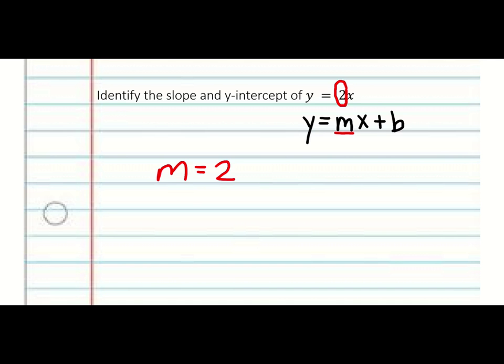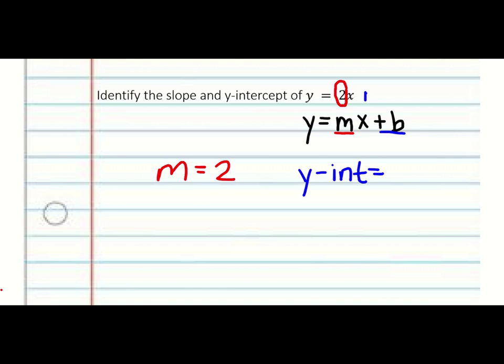And then I also need to identify the y-intercept. So if I look, what's being added or subtracted? Well, there's nothing there. So if there's nothing there, I've got to think about what number means I have nothing. Well, the number that means I have nothing is 0.